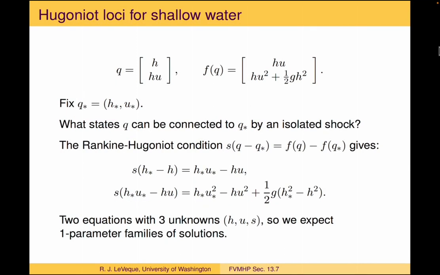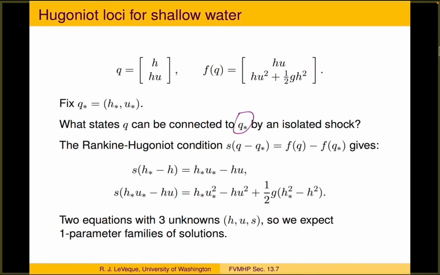But there are three unknowns, H, U, and speed S. So again, we fixed Q star, but we're looking for H and U, and also the speed S is an unknown here. As we vary the state Q, S will be changing along with H and HU.